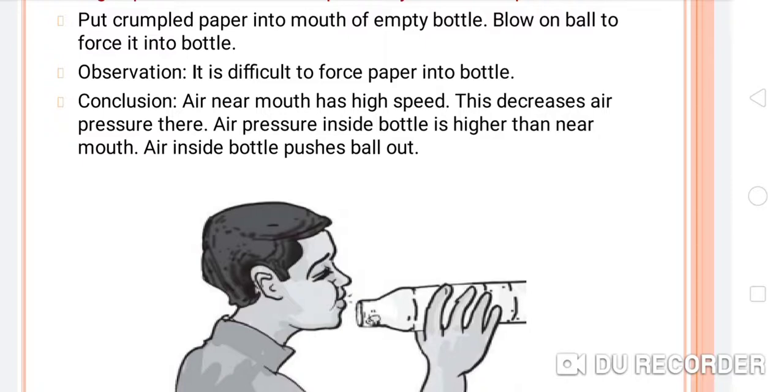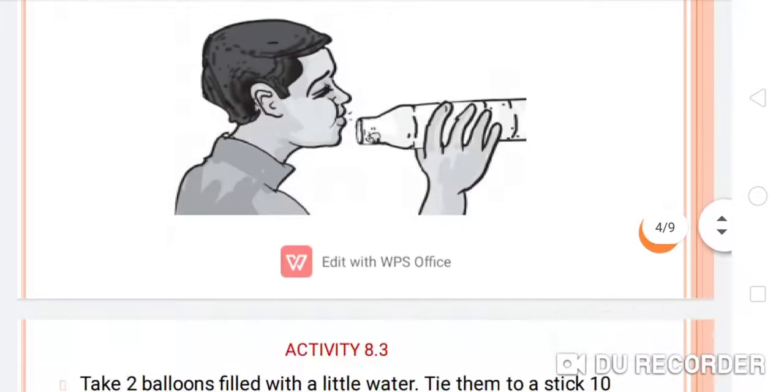This decreases air pressure there. Air pressure inside the bottle is higher than near the mouth. This air inside the bottle pushes the ball out. So this is the reason why the ball is not going inside the bottle on applying air through the mouth.